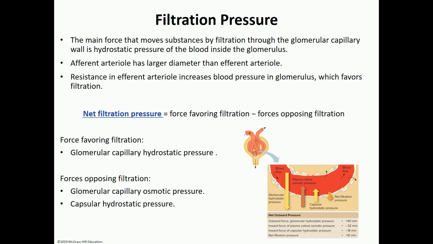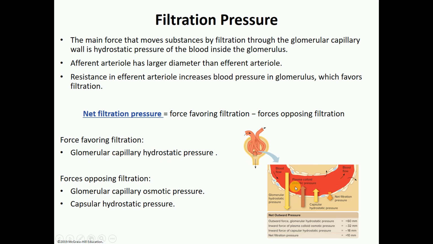There is a third pressure, and that would be due to the plasma proteins that are found in the capillaries, and that pressure is known as the glomerular capillary osmotic pressure. Out of all three of these pressures, there is only one of them that helps in filtration, and that is the glomerular capillary hydrostatic pressure.